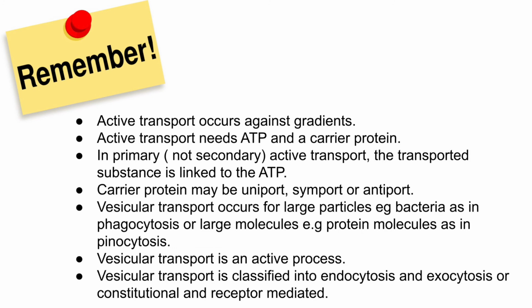Vesicular transport occurs for large particles, like bacteria, as in phagocytosis, or large molecules, for example protein molecules, as in pinocytosis. Vesicular transport is an active process. It is classified into endocytosis and exocytosis, or constitutional and receptor-mediated.